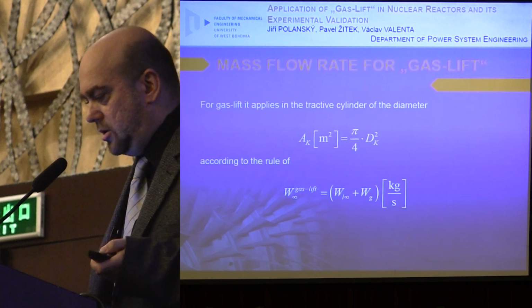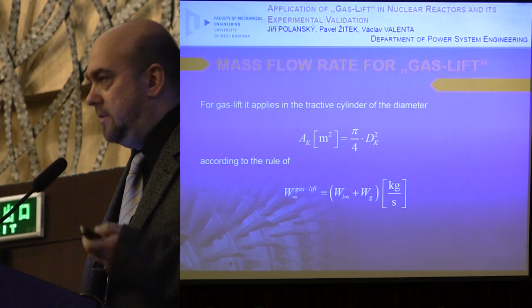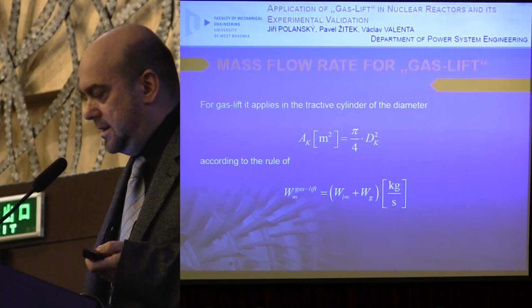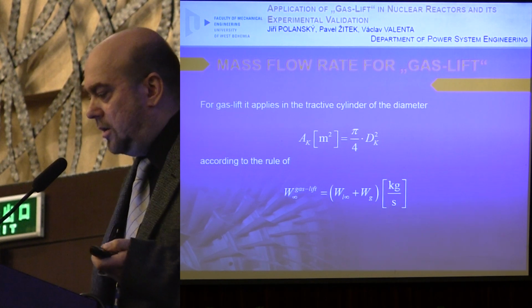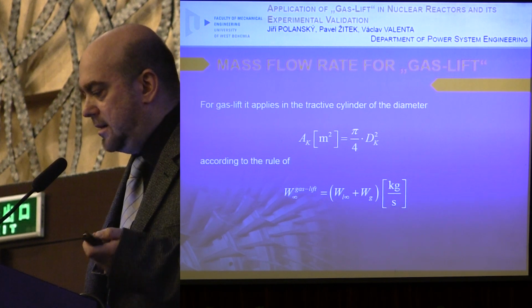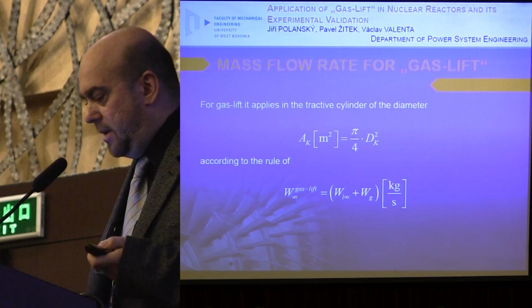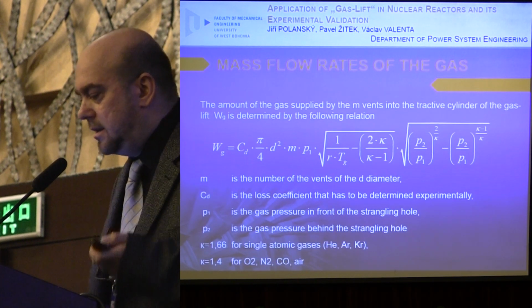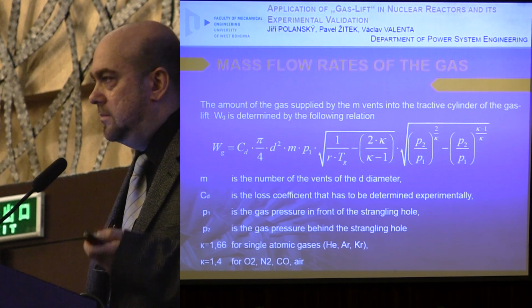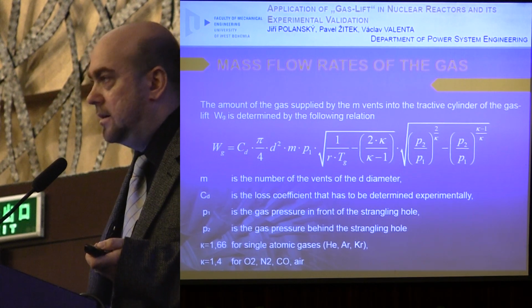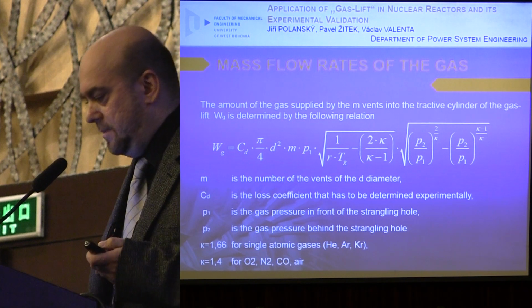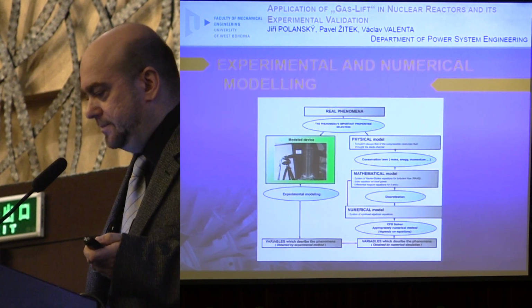This slide shows us what is important for us: the increase of the velocity by the gas lift phenomena, and we also need the velocity of the gas phase. That's what the slide shows us.